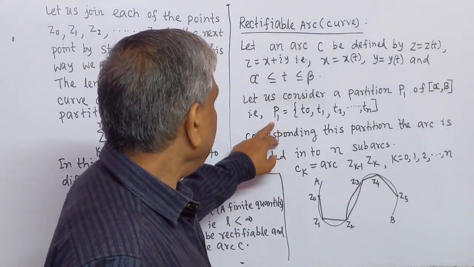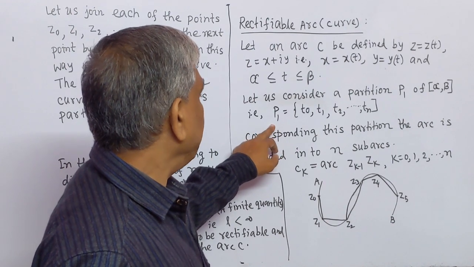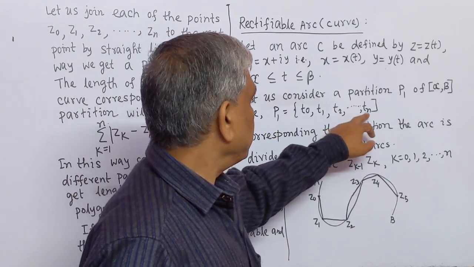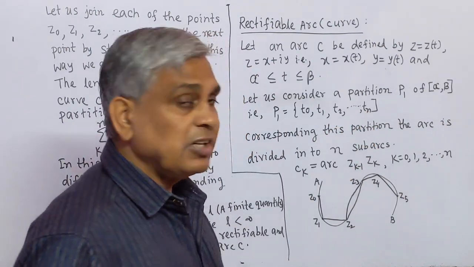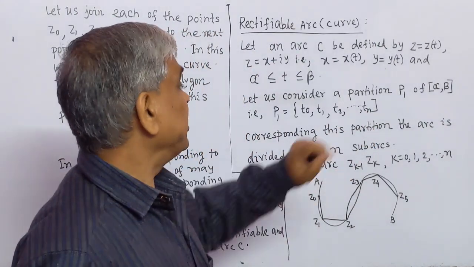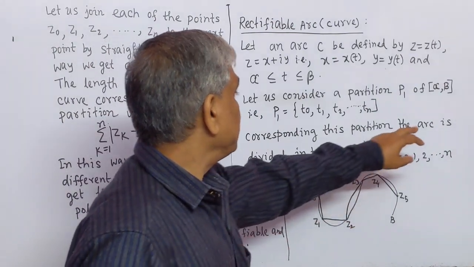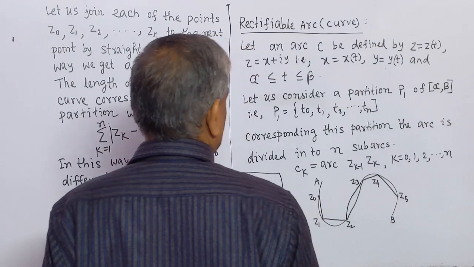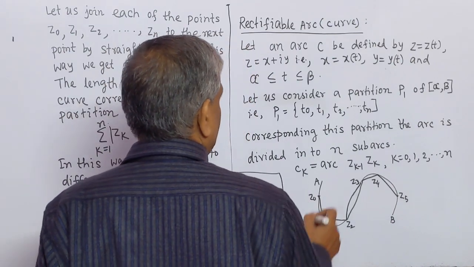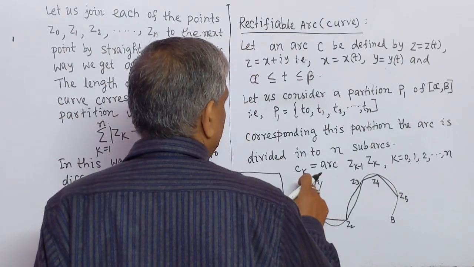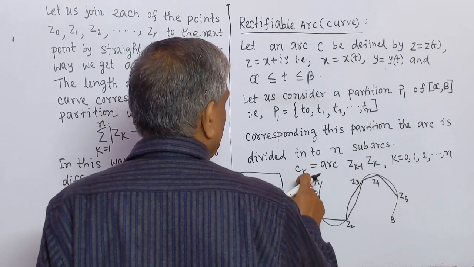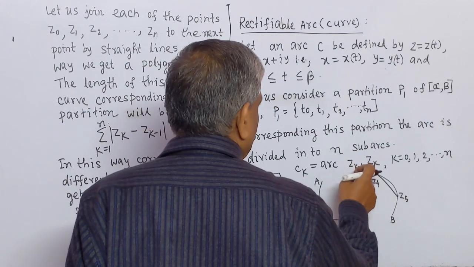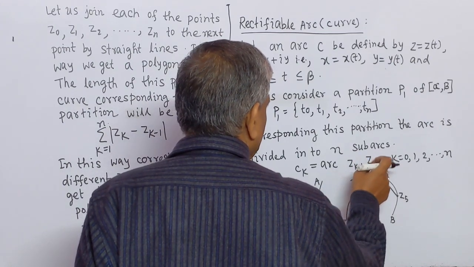The partition P1 is done with the help of points T0, T1, T2, ..., Tn. Corresponding to this partition, the arc is divided into n sub arcs. Let any particular sub arc be denoted by Ck. This is the arc joining zk minus 1 and zk.